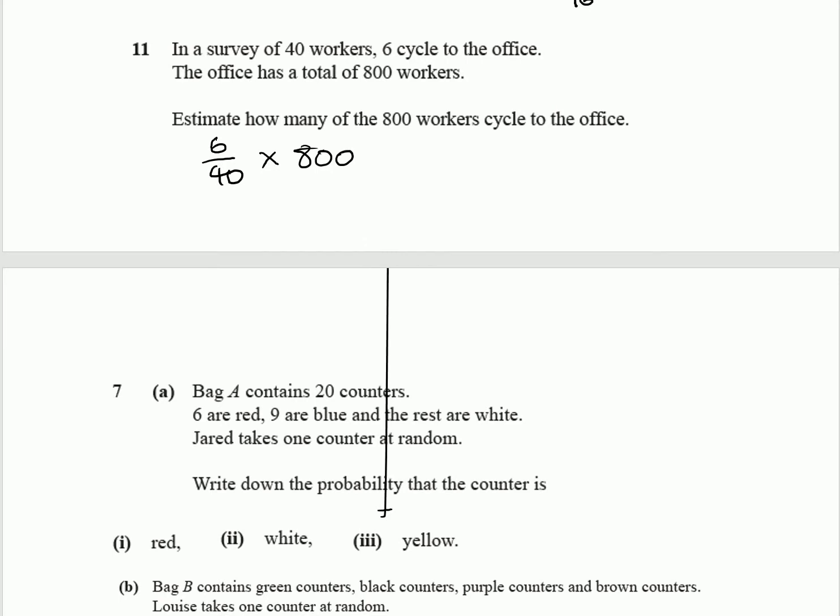So there's my calculation. 6/40ths times 800. And that's getting me 120. Probability times the number of people you're asking or the number of times you're looking. That's how we do estimates and expected values.